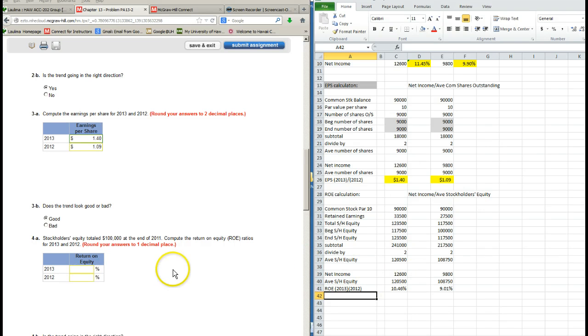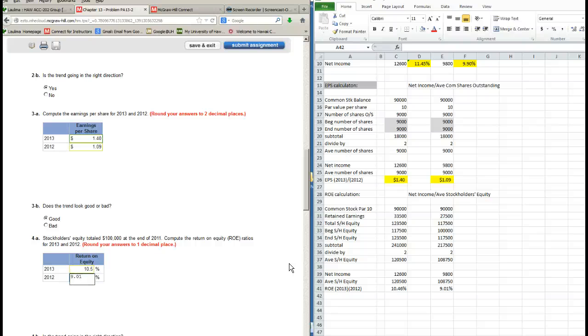And like we did for the others, let's see if this information is going to work for us. Return on equity, number 4A for 2013, 10.46%, and rounding to one decimal makes it 10.5.